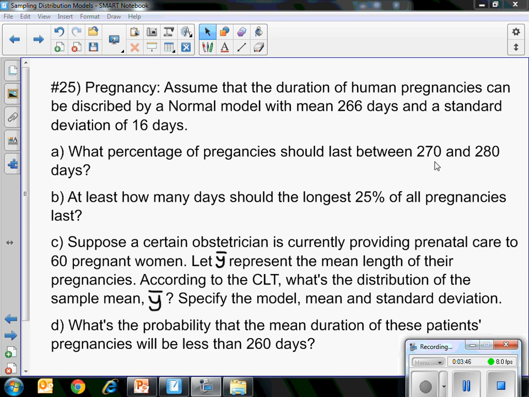Where are 270 and 280? They're above the mean. And since it's normal, we'll be able to use z-scores to figure that out. In this problem, it tells us that it is described by a normal model. So unlike the previous instances where we had to go through the conditions to see whether or not we were able to use the normal model, this one actually tells us that we're allowed to.